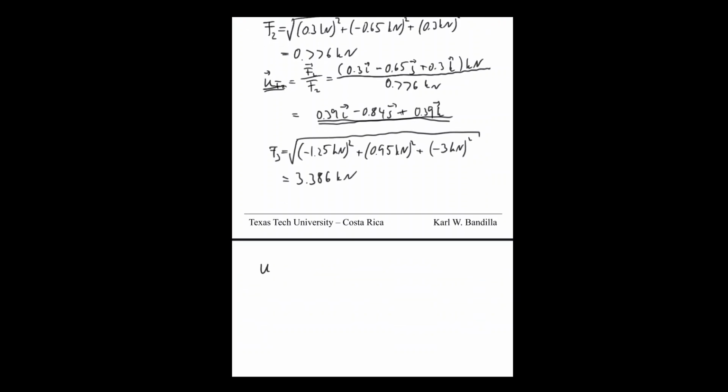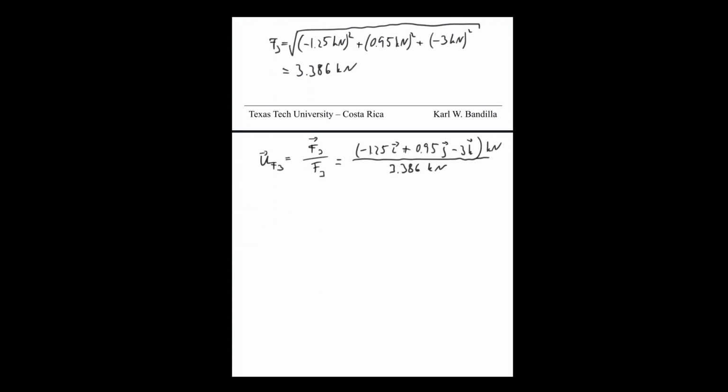Now for UF3, that would be the vector F3 divided by its own magnitude. So that would be minus 1.25 I plus 0.95 J minus 3 K, all that in kilonewton, divided by 3.386 kilonewton.